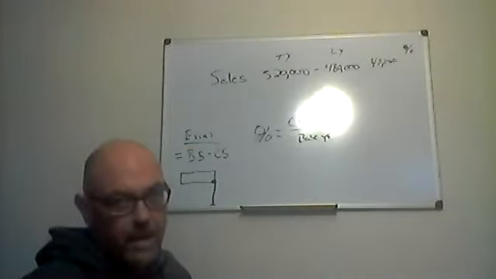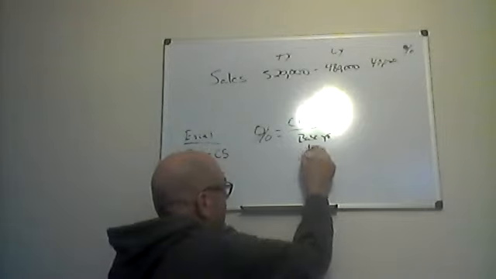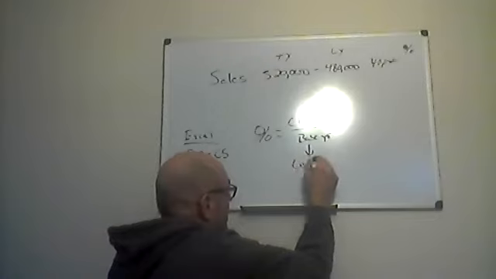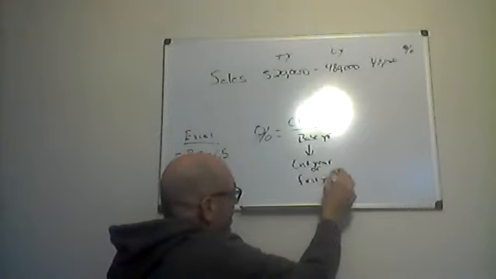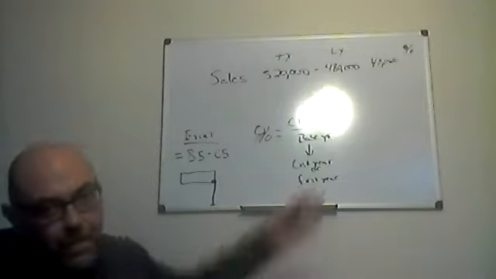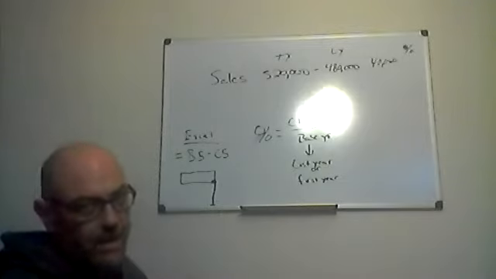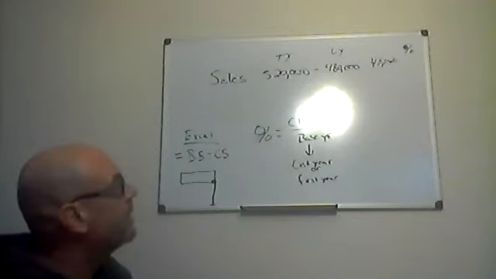Our base year is always going to be the last year, or if we have a list of years, say from 2004 to 2010, our base year is always going to be the first year that is listed there. So we want to find the percent change here.